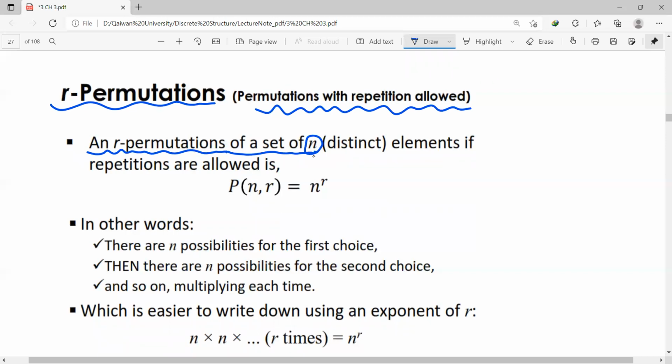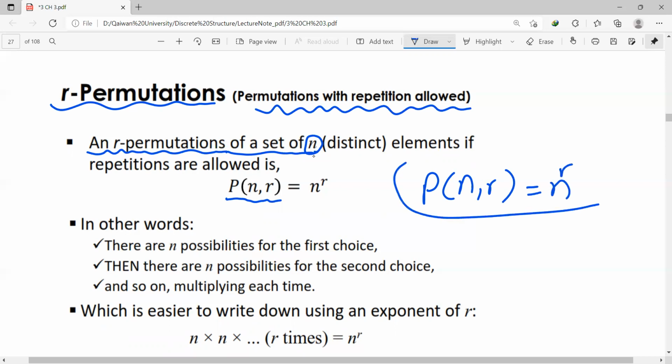Here it equals the permutation of n and r. As I said, we are going to choose r from n. In this case, if repetition is allowed, it equals n to the power r.